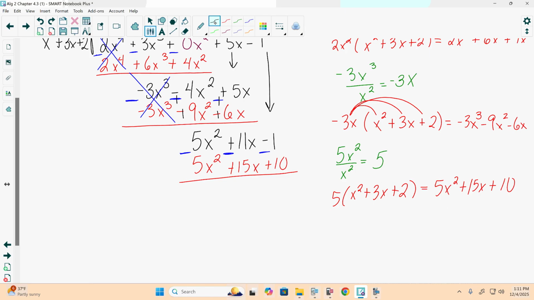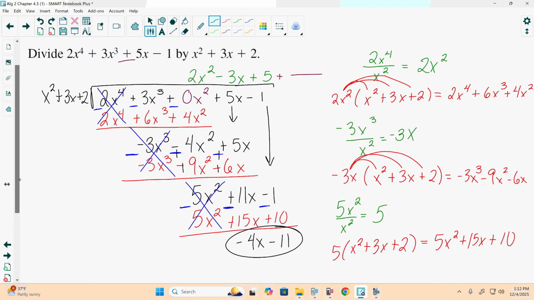And then we're going to subtract, yes? 5x squared minus 5x squared is 0. 11x minus 15x, 11 minus 15 would be negative 4x. Negative 1 minus 10 is going to be negative 11.